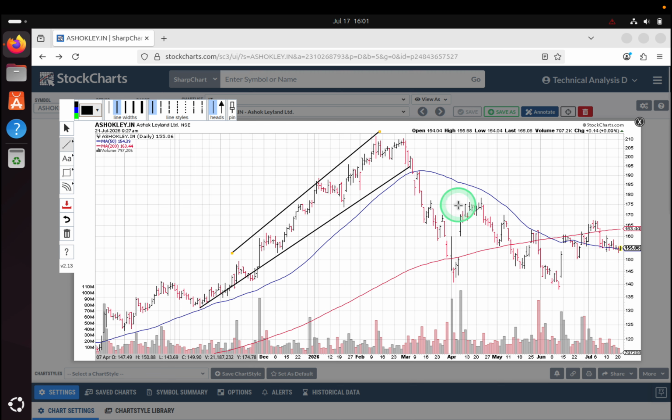And then we can see the sideways range. This chart tells us the entire picture of technical analysis basics.